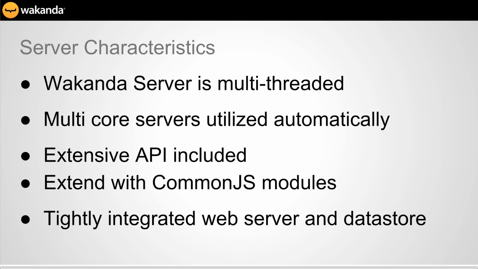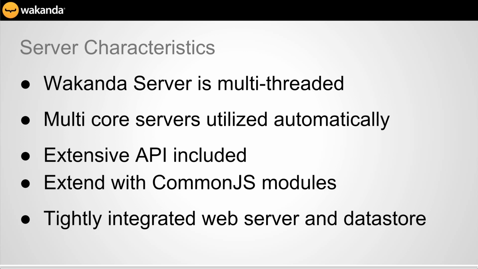So what are the characteristics of Wakanda Server? Wakanda Server is a multi-threaded environment. Unlike Node, you can put this on a multi-core, big, beefy server machine, and it will vertically scale out of the box. Like I said, we have an extensive API that's included, so you won't find yourself constantly looking for modules.